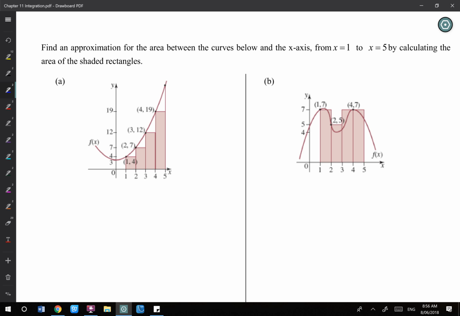For example, in between 1 and 5, there are 4 units. I can draw 4 rectangles. I can draw 8. I can draw 16. It depends on what width I want to make.